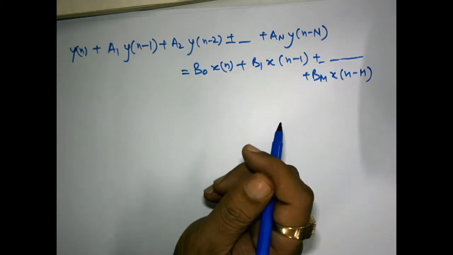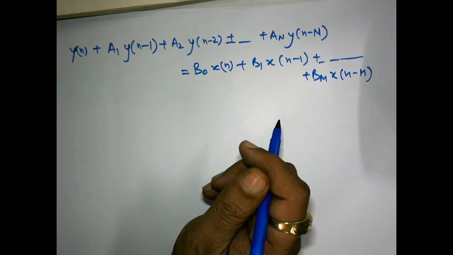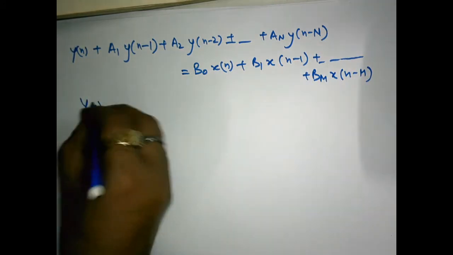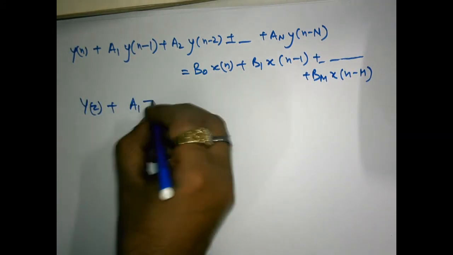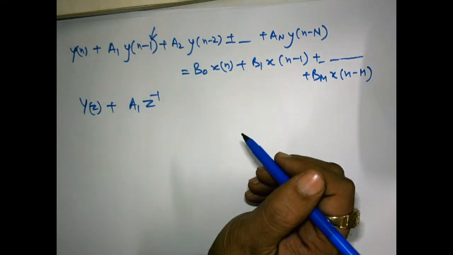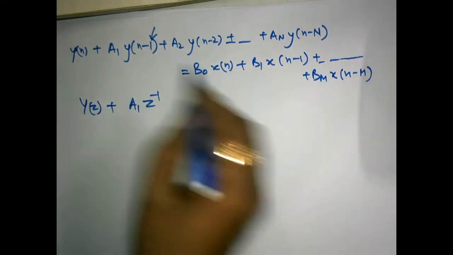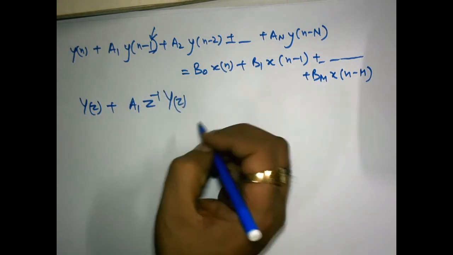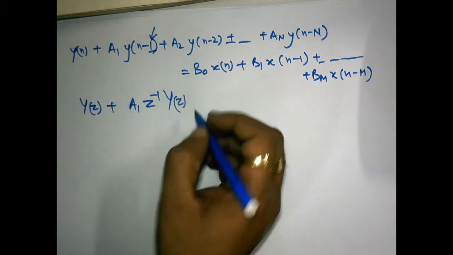Now, if we take the z transform on both sides, this will be equal to Y(z) plus a1 z to the power minus 1 Y(z). The z inverse term is coming because of this delay, using the shifting property.